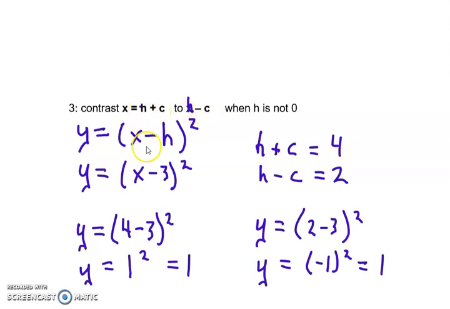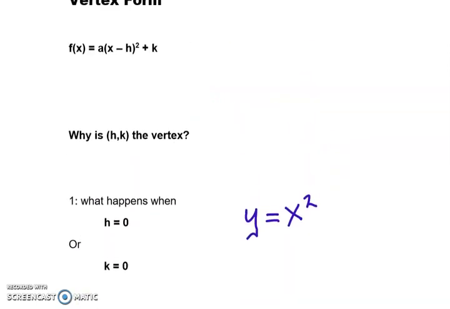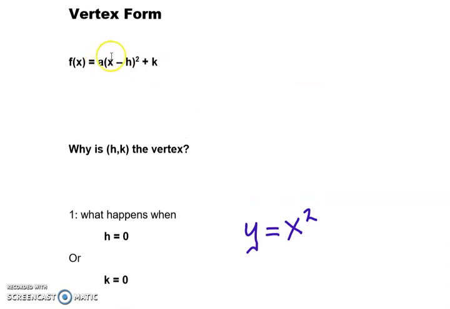Our new center, once we put h in, is on the right and the left. And then, of course, the k simply moves it up and down, and a changes the slope. And everything follows nice and logically. Slope, left and right motion, giving you the symmetry, up and down motion. And that's the end of vertex form.